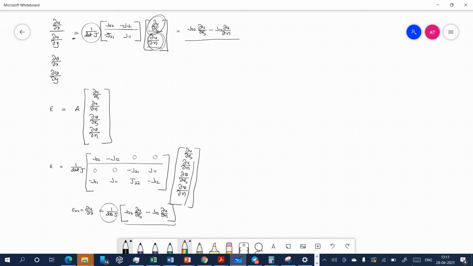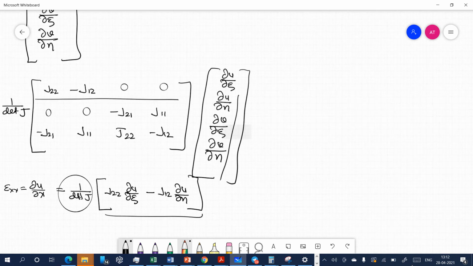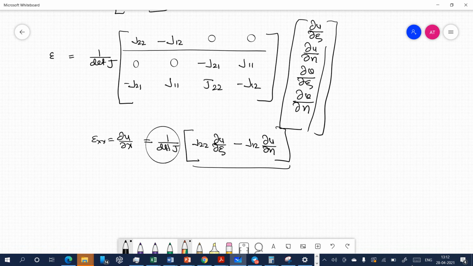So this term I should write here 1 by determinant of J, which is also here. Right? So it is just the arrangement of this Jacobian matrix so that we can deal with the four terms of the partial derivative in the local coordinate system. And this is how we can find out the strain matrix using this formulation. Okay.